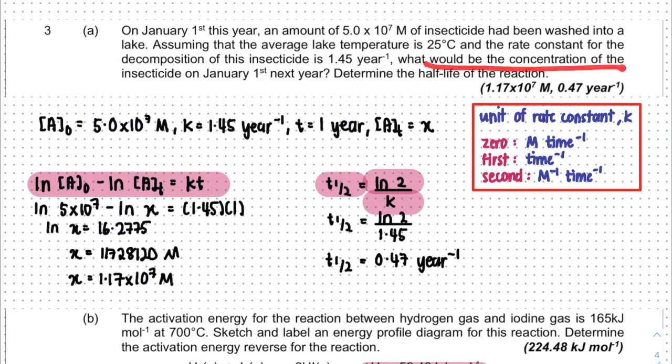What would be the concentration of the insecticide on January 1st next year, and determine the half-life? So, this one are the two questions. Okay, so bila dia bagi dekat sini, we have our concentration, we have our temperature. This is actually rate constant. We have our k. Okay, so what will be the concentration and what would be the half-life?